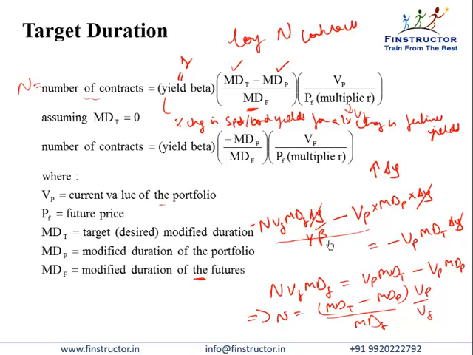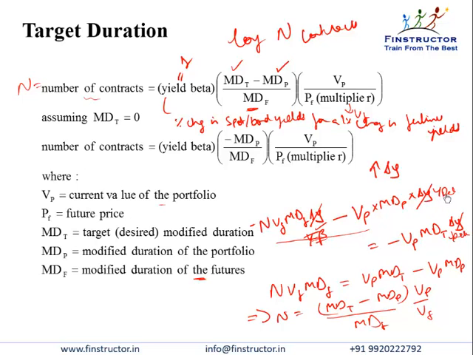You can either substitute it like this, or you can say that the yield on the futures changes by delta y, hence the yield on the spot will change by delta y into yield beta. Both will give you the same answer. Here also the change will be delta y into the yield beta.